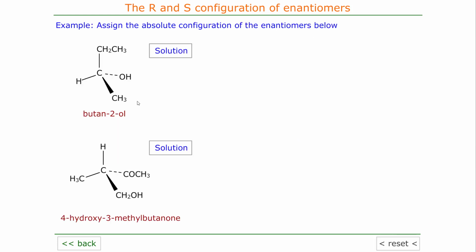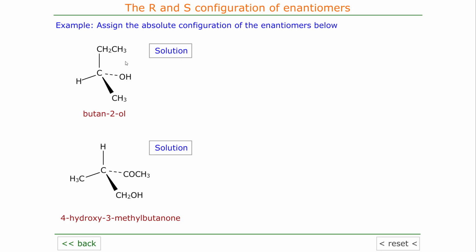Here, if we have a look at 2 examples, the first example, you can see we look at the priorities, you can see that hydrogen is the lowest priority, and so we mentally rotate so that we're looking down towards the carbon with the hydrogen behind it. And we find that we have on the top an ethyl group, to the right an OH group, and to the left a CH3 group.